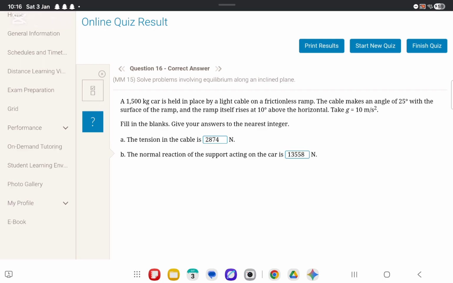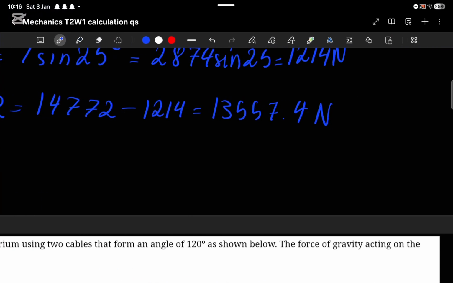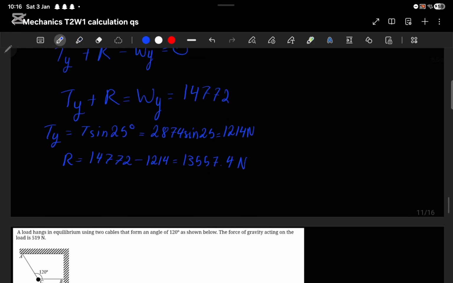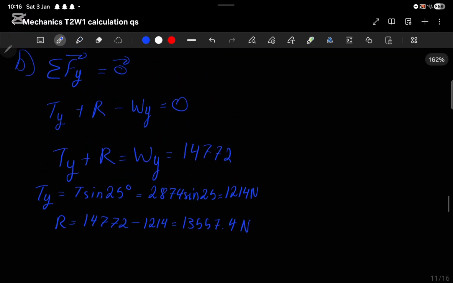But actually, one second. We can use the definition of tension up here, as this is just T, not Tx. This 2,604.7 over cosine 25. Let me just check if that changes it.